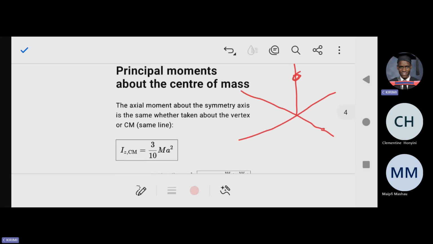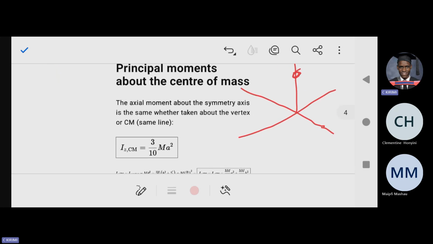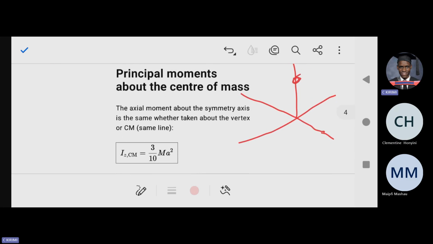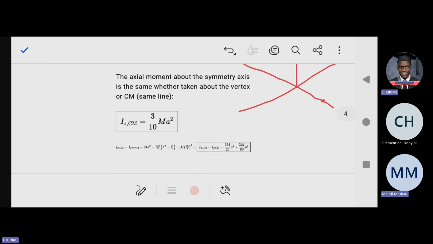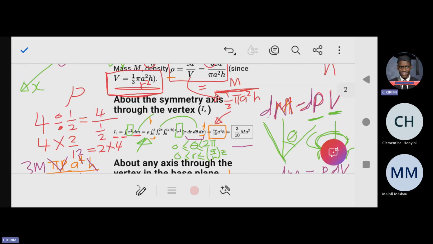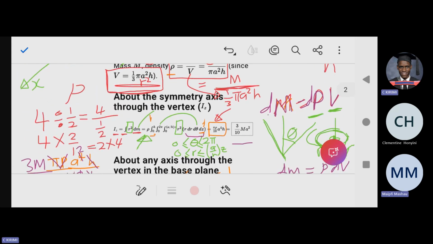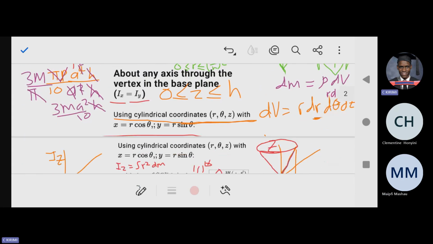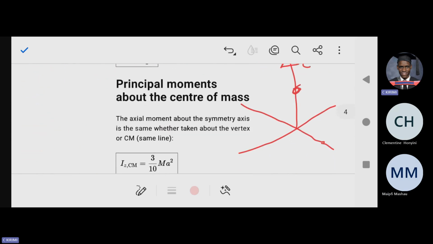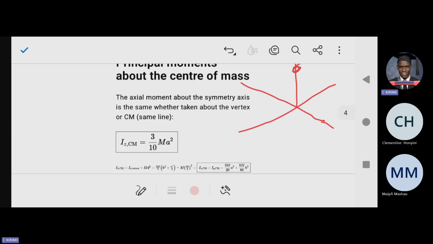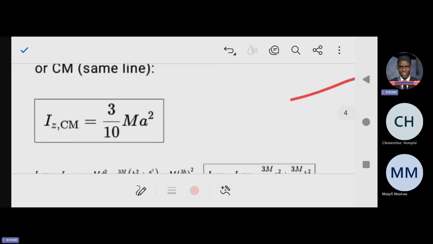So if you want to calculate the moment of inertia along Z, center of mass, remember what we calculated at first for the moment of inertia along the Z? So we come here. The moment of inertia along the Z was 3/10 ma squared, isn't it? So this is our 3/10 ma squared along the Z center of mass.